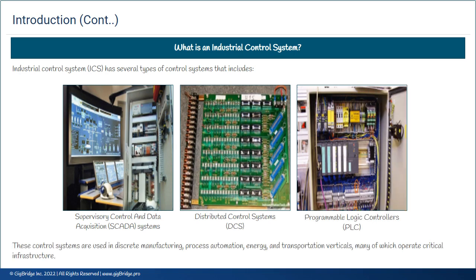These control systems are used in discrete manufacturing, process automation, energy, and transportation verticals, many of which operate critical infrastructure. An ICS includes combinations of control components, for example, electrical, mechanical, hydraulic, and pneumatic, that combine to operate and control a physical process such as those found in many industries like automotive, petrochemical, manufacturing, oil and gas, food and beverage, as well as in power generation, transmission, and distribution.